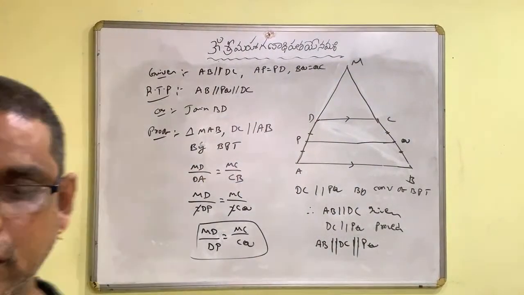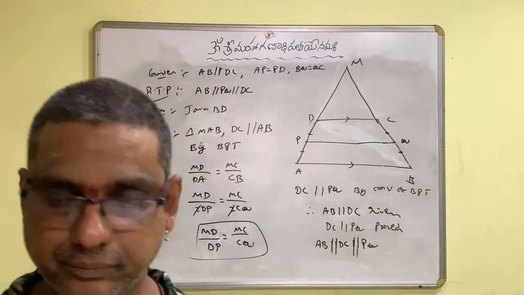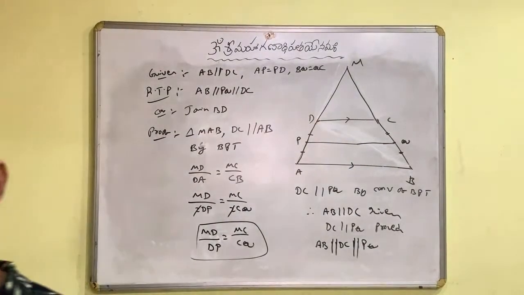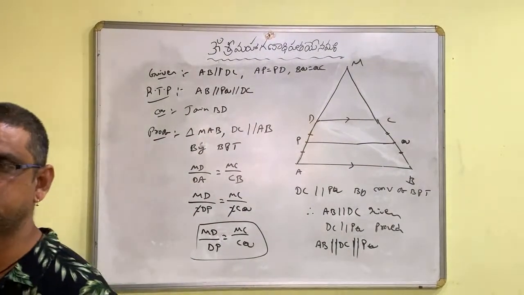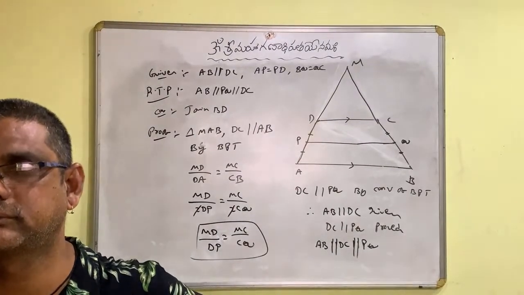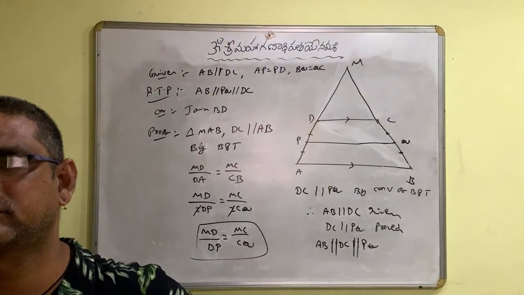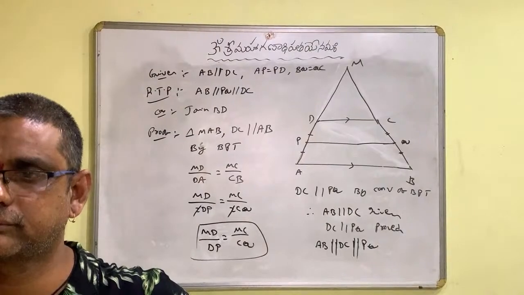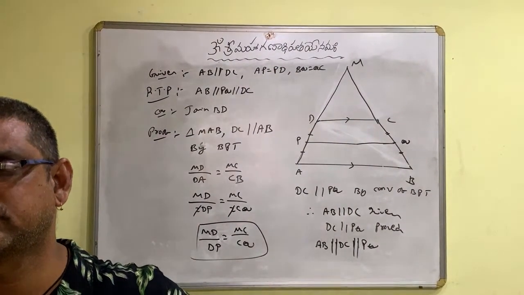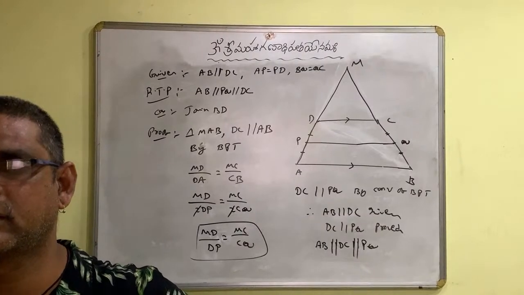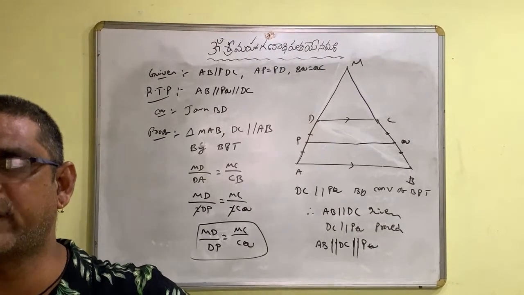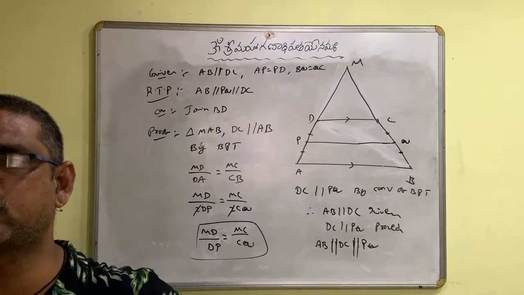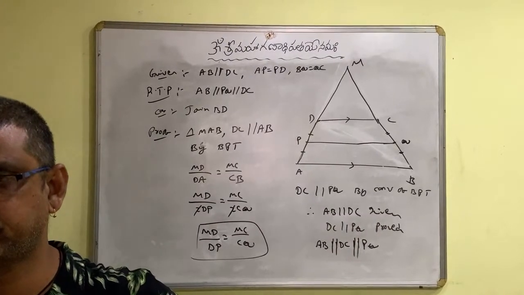AB parallel to DC parallel to PQ. Is that understood? Lines parallel to the same line are parallel to each other. So AB is parallel to DC, and DC is parallel to PQ, which means those three lines are parallel to each other.